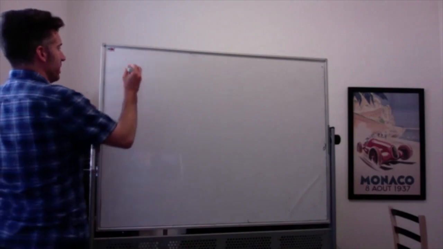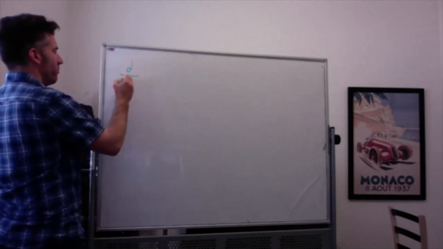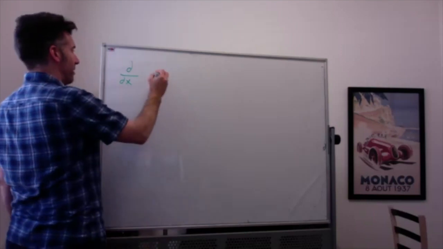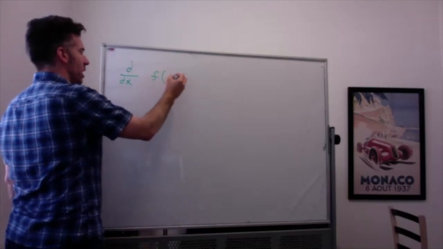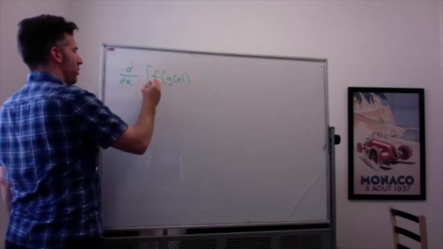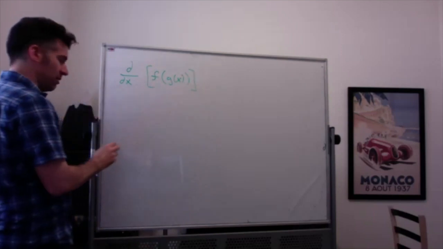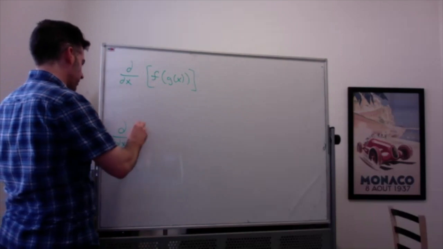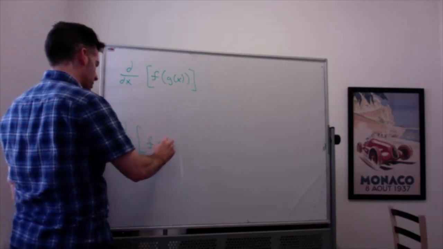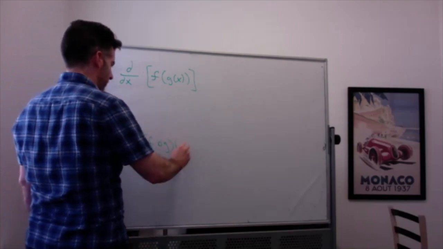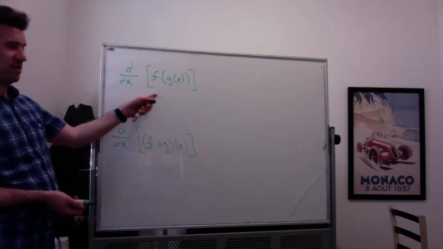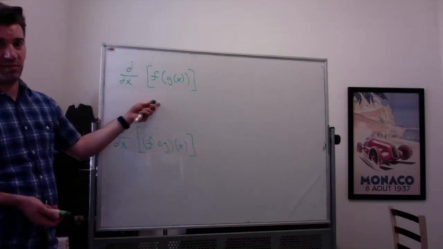So the chain rule says, if I'm going to take the derivative of a composition of functions, typically I like to write it as f of g of x, although you will certainly find people who write it, in my opinion, the less nice way: the derivative of f composed with g of x. These both mean the same thing. I just think this is much more explicit about what's going on.